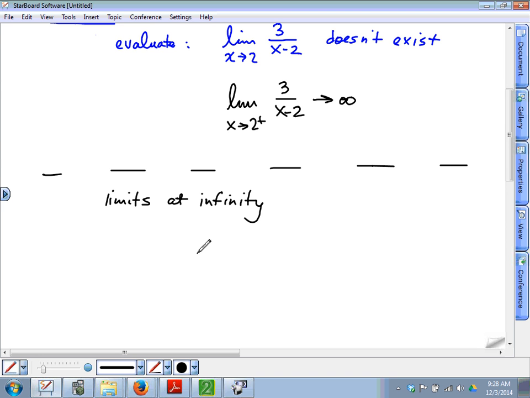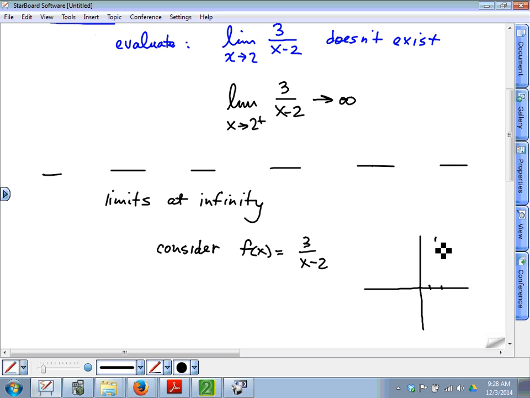As a matter of fact, let's use that same graph that we just had. If we consider the function f of x equals 3 over x minus 2, let's just draw a rough sketch of the graph here.